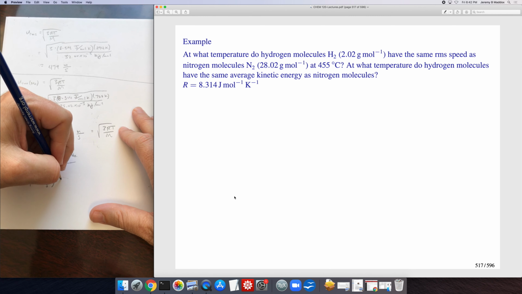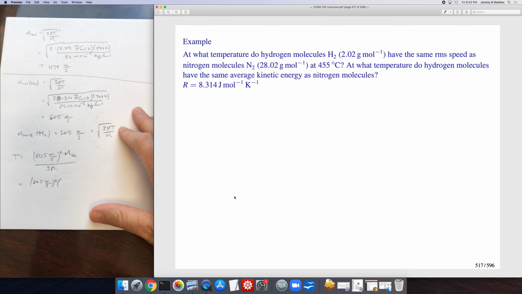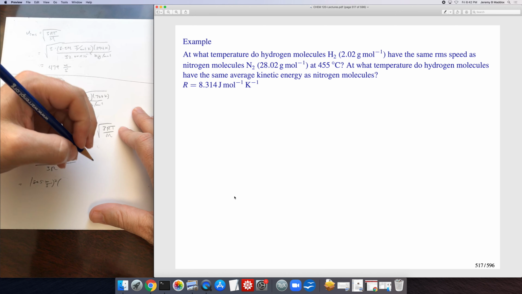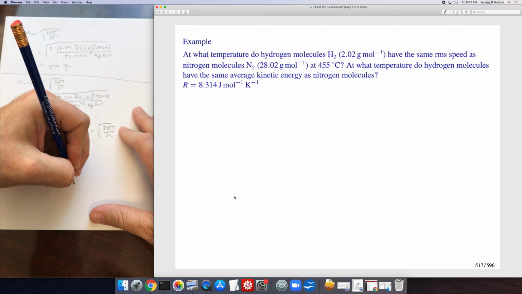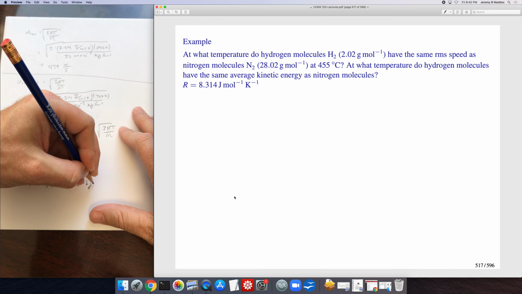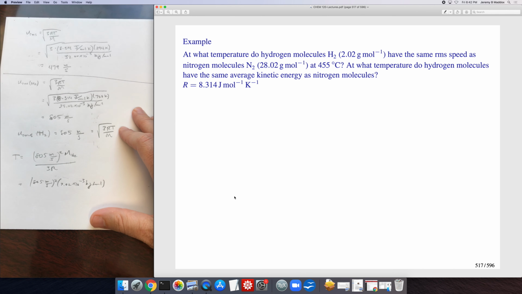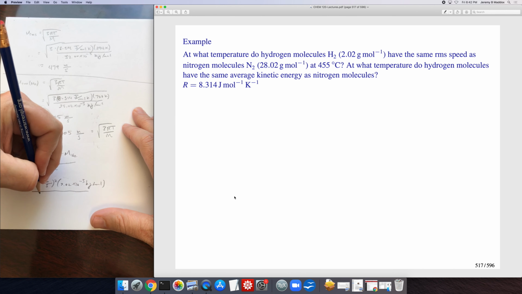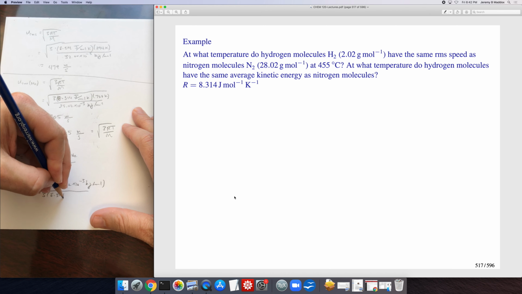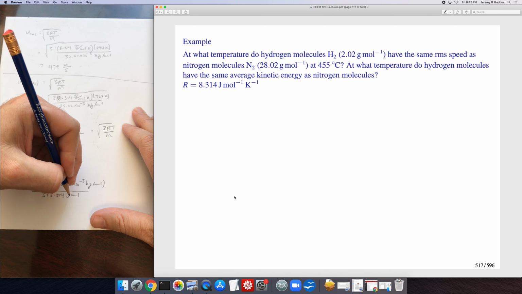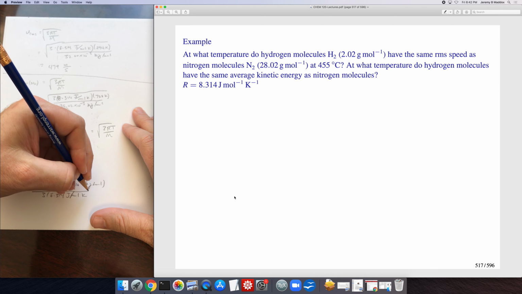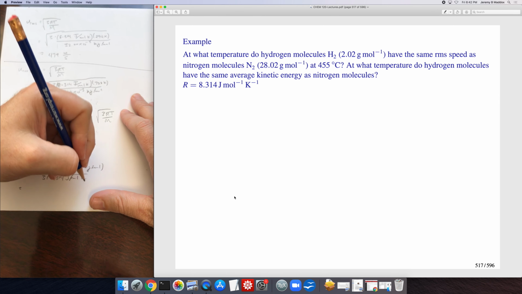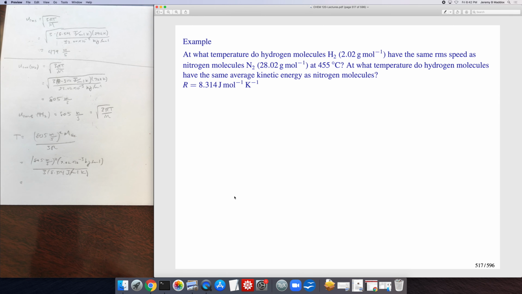So we'll plug in those numbers. Hydrogen, 2.02 times 10 to the minus 3 kilograms per mole, and then we're going to divide that by 3 times 8.314 joules per mole per Kelvin. And so this is going to give us our answer in units of Kelvin.